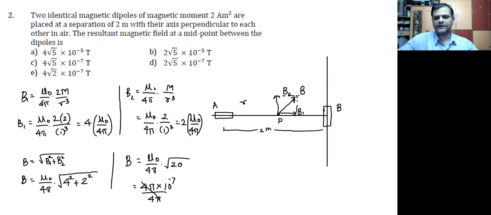And root 20 can be written as, क्योंकि 20 को लिख सकते हैं 4 5 are, so 4 का रूट बनता है 2, so it will be 2 root 5 here, and then we can write this as 2 root 5 into 10 raised to minus 7 as a final answer, which is in this option D here. Okay, so D will be the correct option this way.